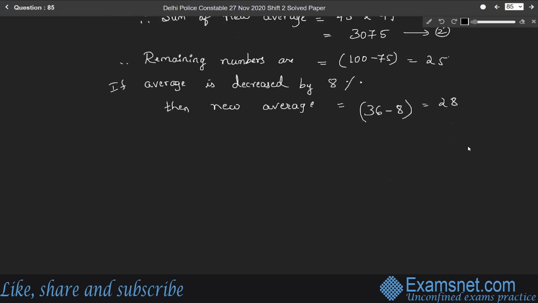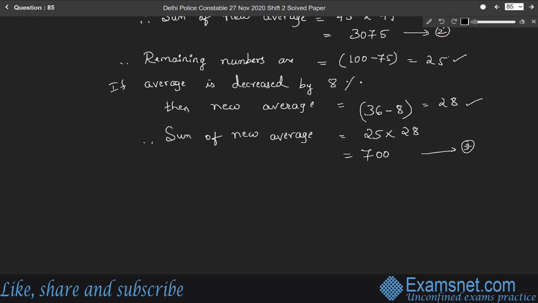Therefore, the sum of the new average: here there are 25 numbers and the new average is 28. Therefore, it is 25 into 28, which is 700. Consider this as 3.